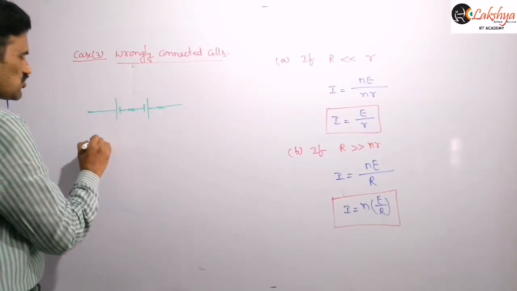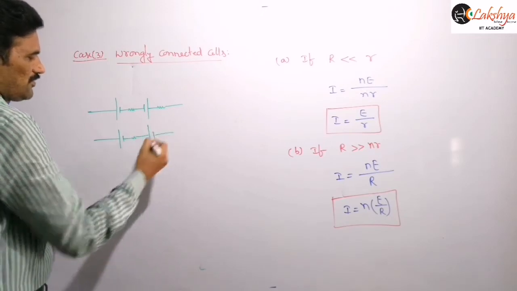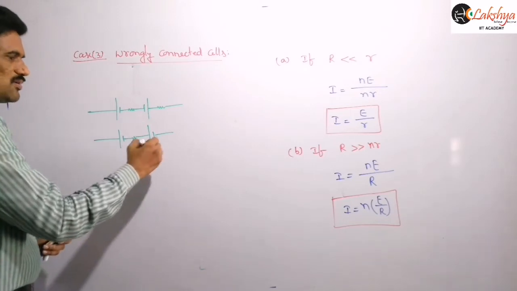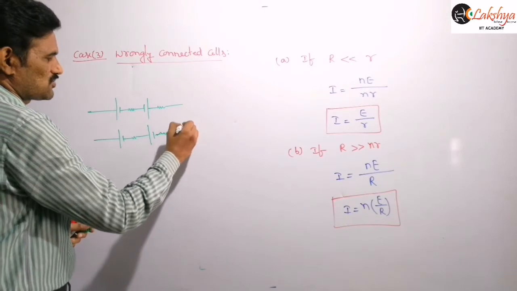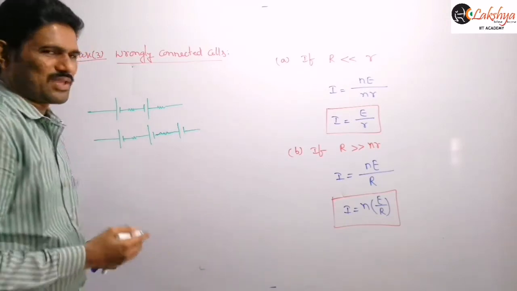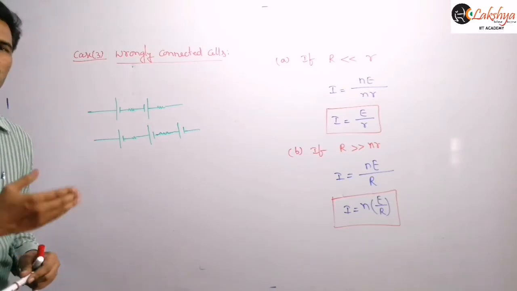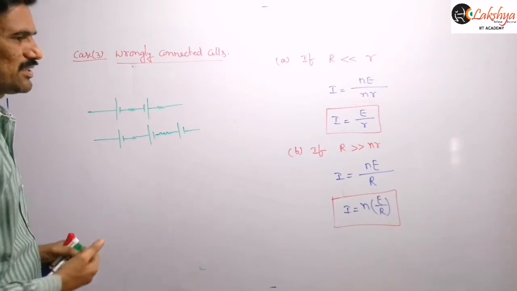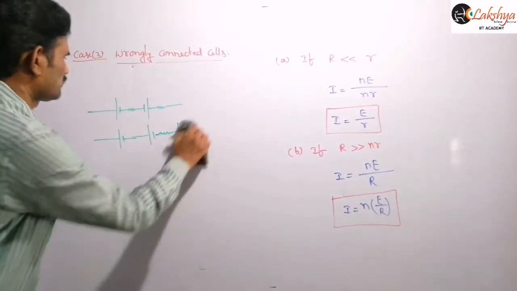Our actual connection must be like this: the negative terminal of the first cell is connected to the positive terminal of the second cell, and the negative terminal of the second cell is connected to the positive terminal of the third cell, and so on. If some cells are connected wrongly, let us see how to write the current and the net EMF in that circuit.